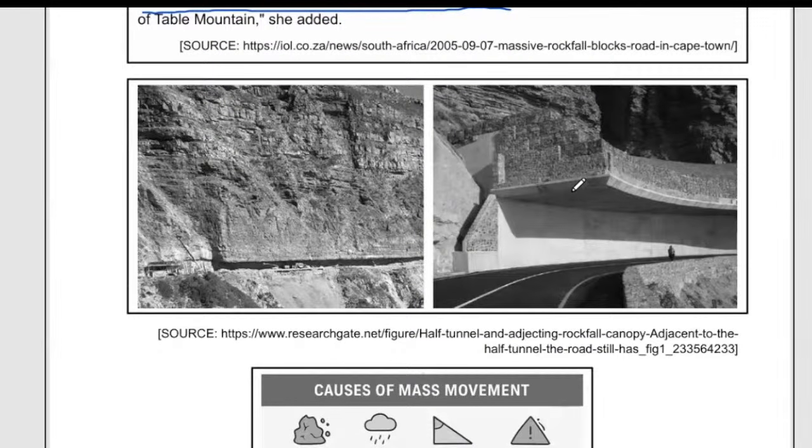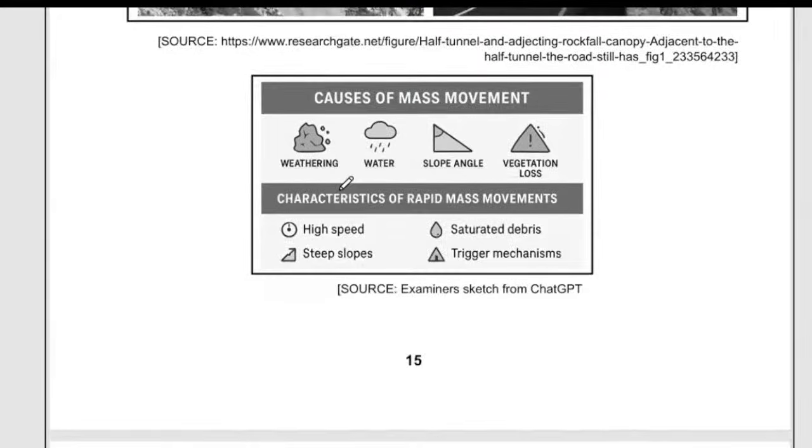If we check here, we can see what has been done. They've installed canopies to cover the road. And there's concrete impact protection on this side. So those are some of the measures that we can talk about.